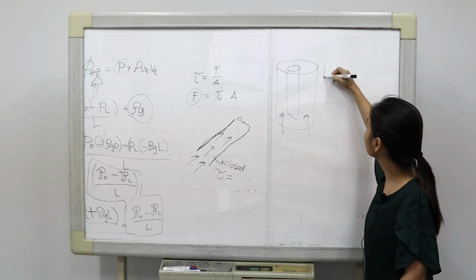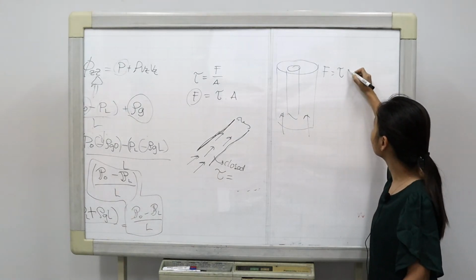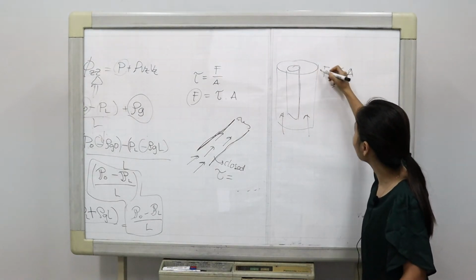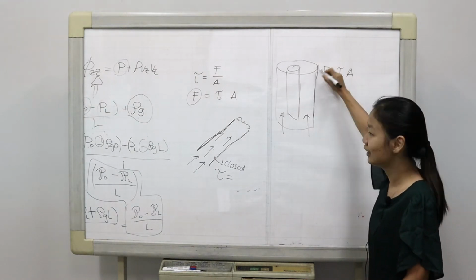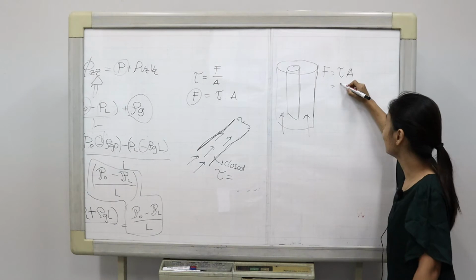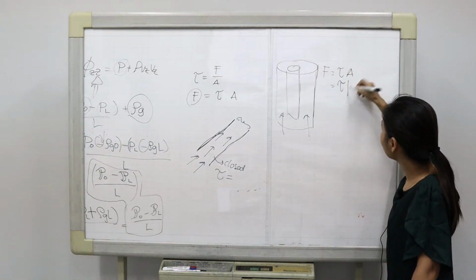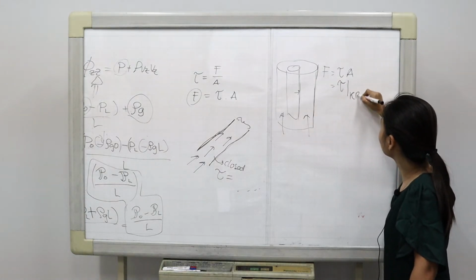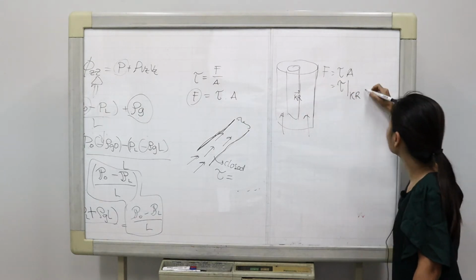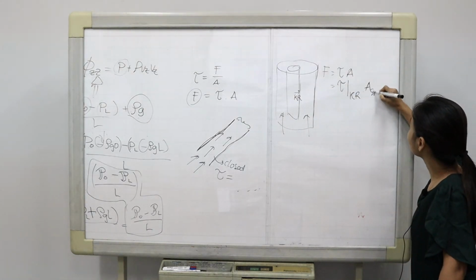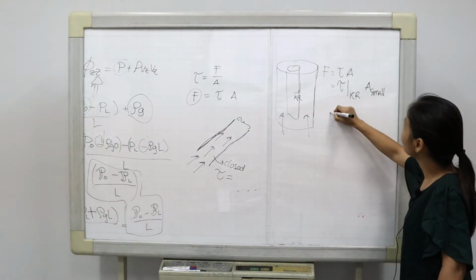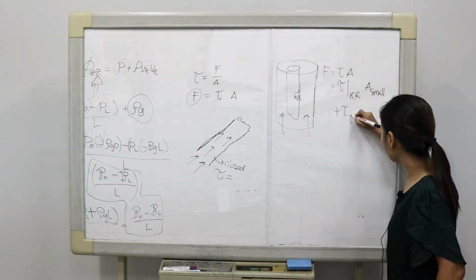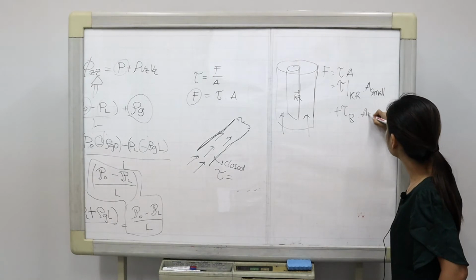When you calculate the force, you have to calculate the force acting on this surface and also the force acting on the other surface. So you have tau at kappa R times the area of the small cylinder plus tau at R times the area of the big cylinder.